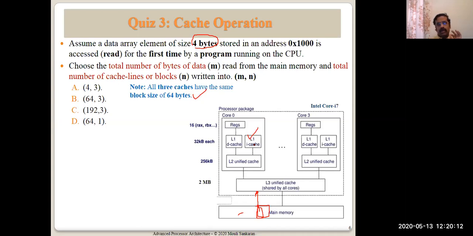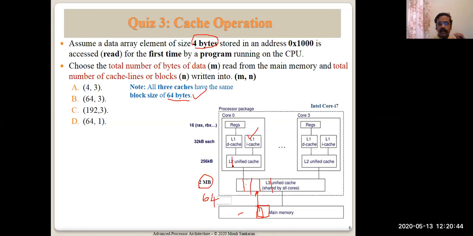Now, I will not give you more information to answer the question. I think this is enough. Okay, let me give you more. When I say all 3 caches have 64 bytes as a block size, means this cache also, though size is 2 MB, it can hold so many 64-byte blocks. 2 MB divided by 64 is the number of blocks in the cache.